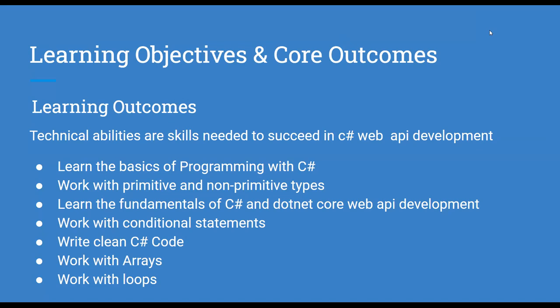And you're going to learn the basics of programming with C#. Most of the slides that we're going to be sharing with you will contain these learning outcomes. That way, it reminds you of what the learning outcome of this program, especially the C# part of the program, is, right? So you're working with primitive and non-primitive types. You get to find out what those are later on. You learn the fundamentals of C# and .NET Core web API development, and much more than that, right?